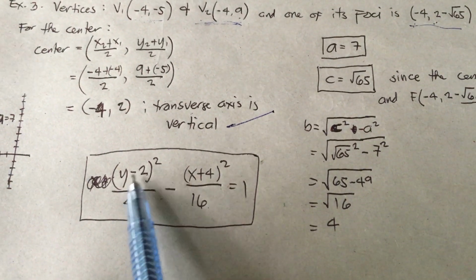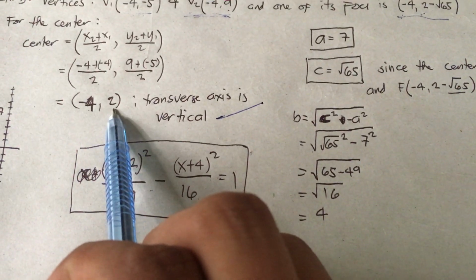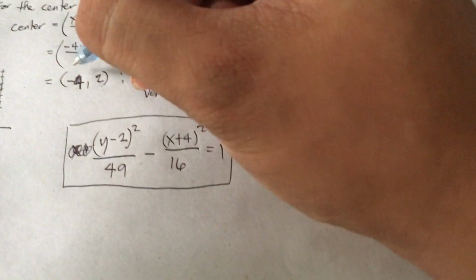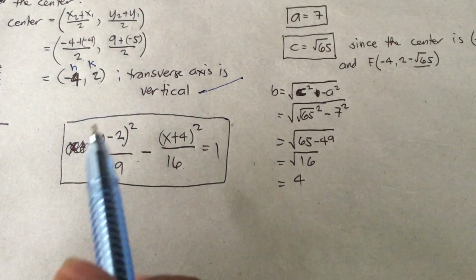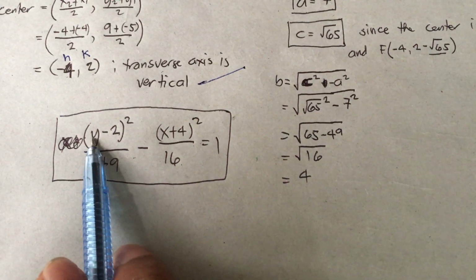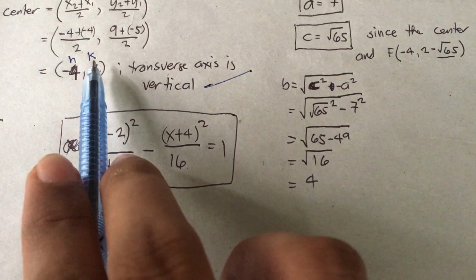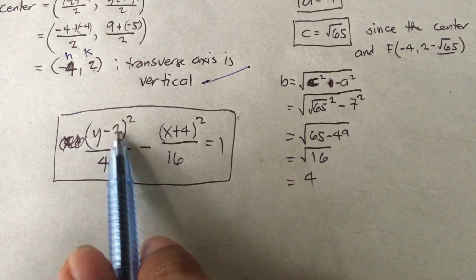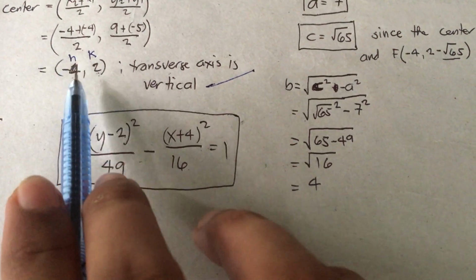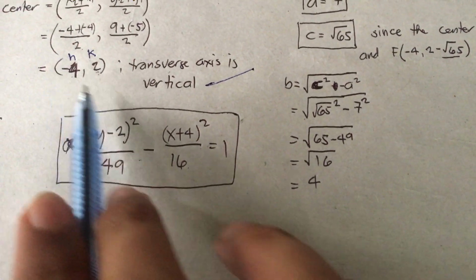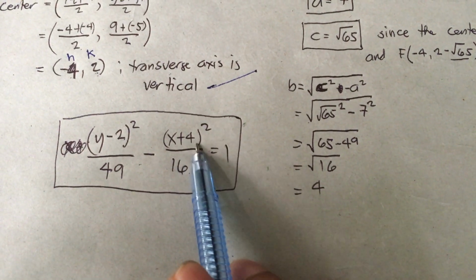Why Y minus 2? Since our center is (-4, 2), take note, this is H, this is K, and always remember that the partner of Y is K. So Y minus, since K is 2, we have Y minus 2. And the partner of X is H. Since H is -4, we have X plus 4.